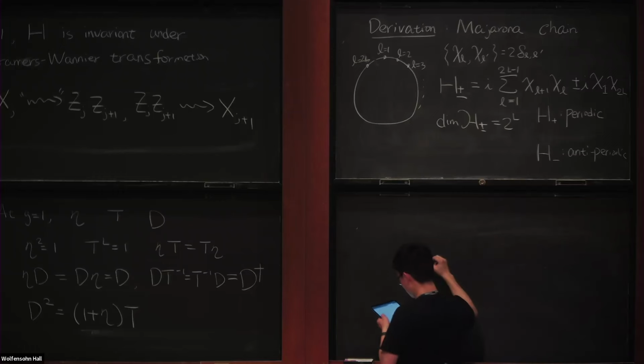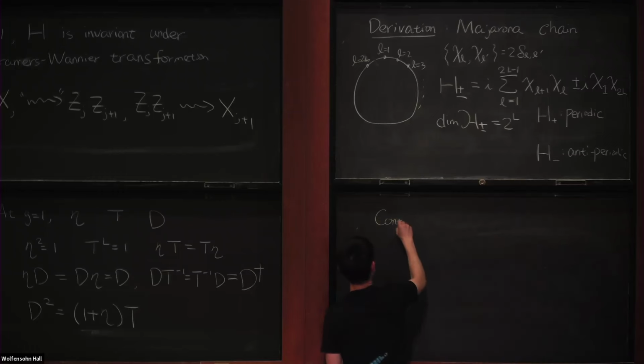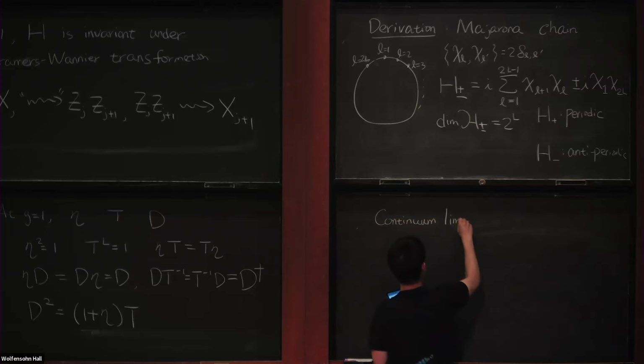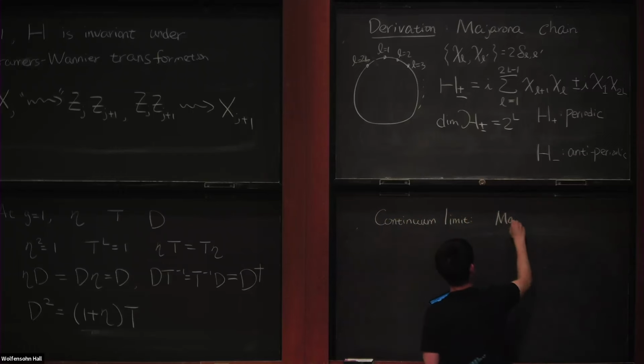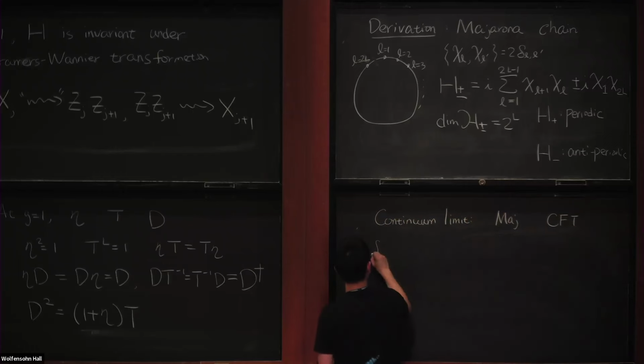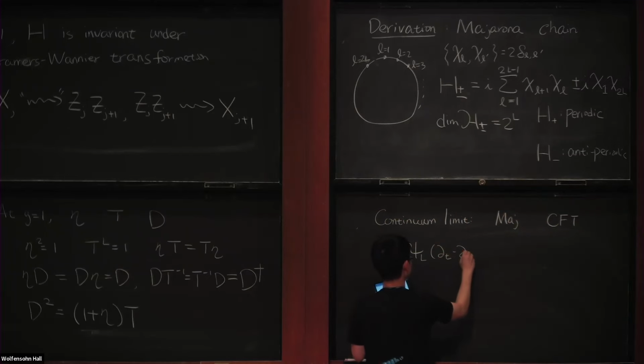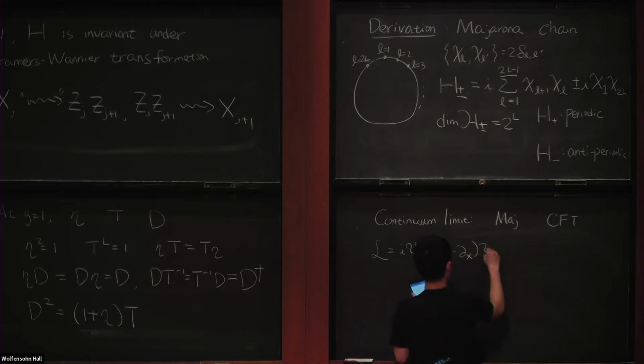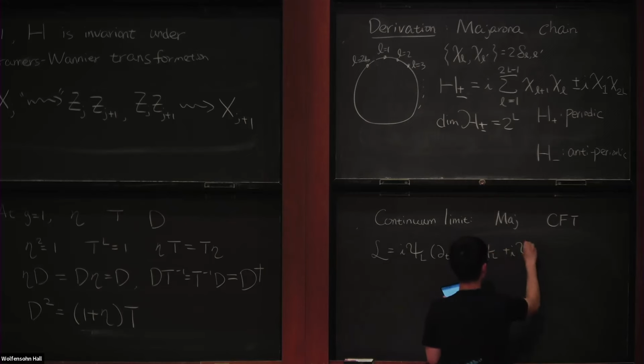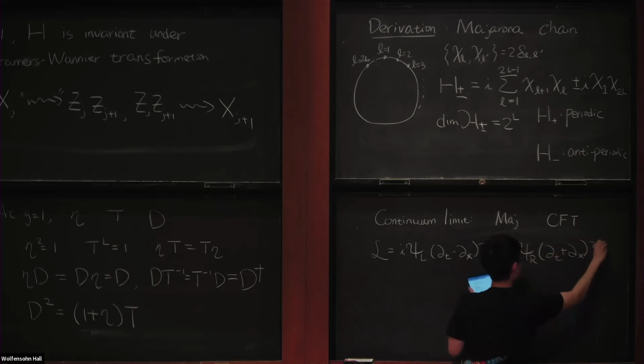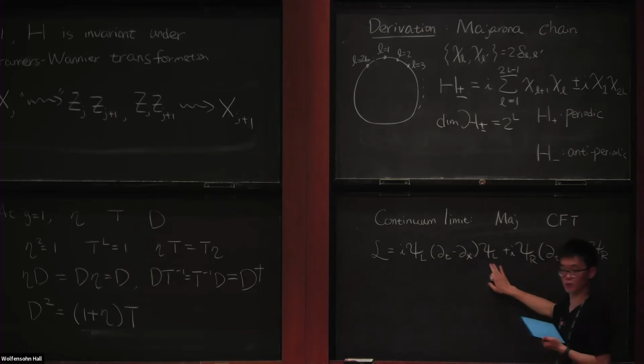So the thermodynamic limit is a free Majorana CFT. So the Lagrangian is very simple. You have one real Majorana Weyl fermion, which is left moving.